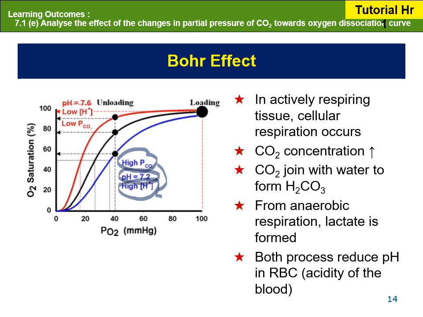Okay, pH decrease. Carbon dioxide akan join with water to form carbonic acid, H2CO3. Okay, so from anaerobic respiration, lactate is formed. So both processes akan reduce pH in red blood cells, menyebabkan blood tu jadi lebih berasid lah, acidity of the blood.